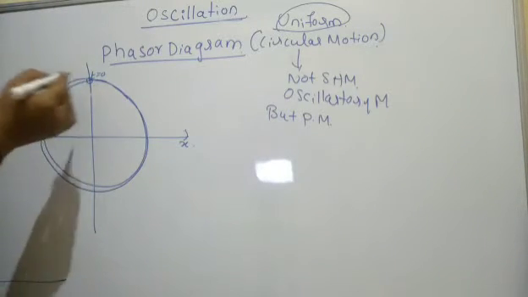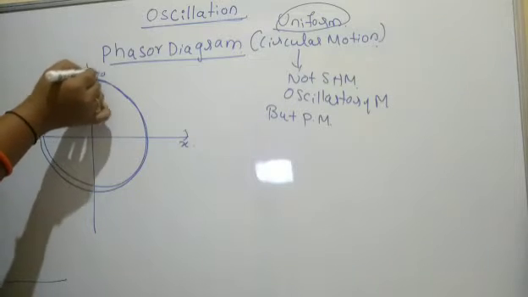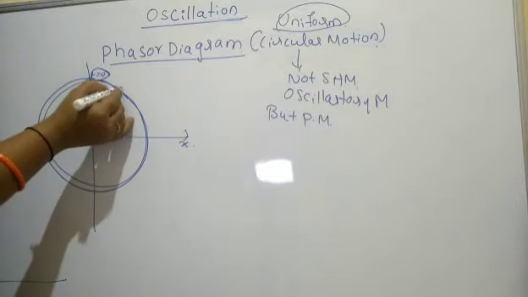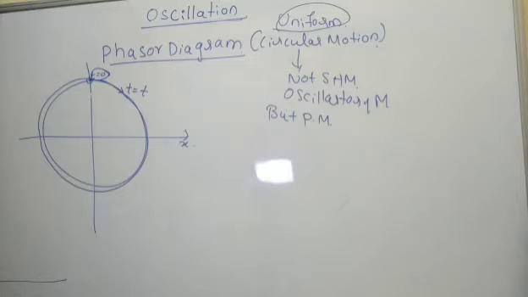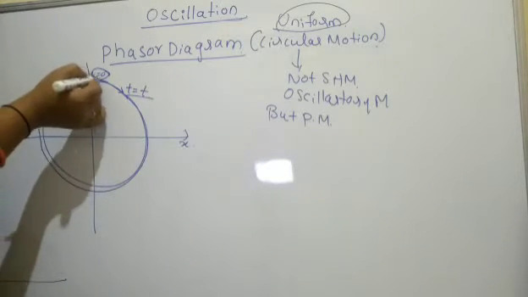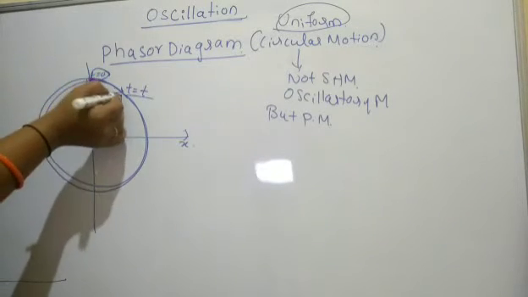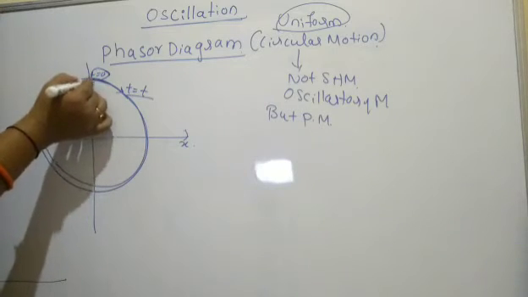Look here, the particle is moving from this point where t is equal to 0. Once it has moved from a certain point, say at t is equal to t, certain time is taken to move from time 0 to that time. So this distance, right?